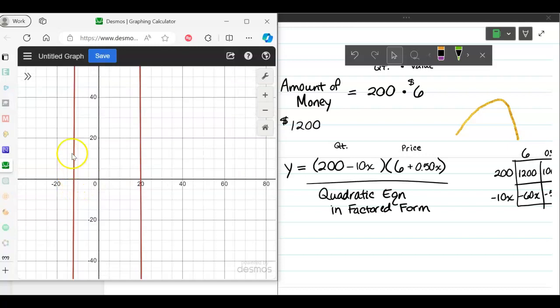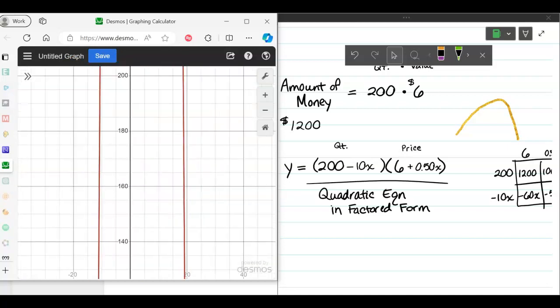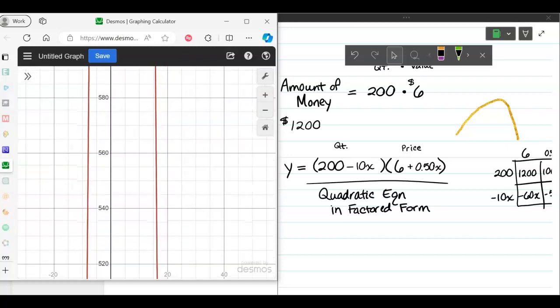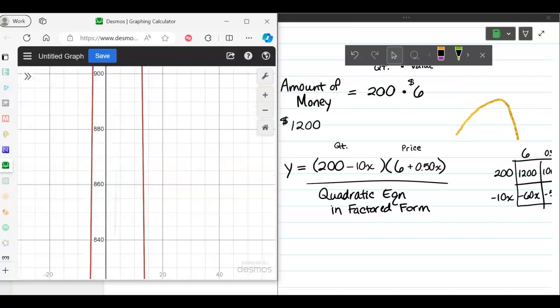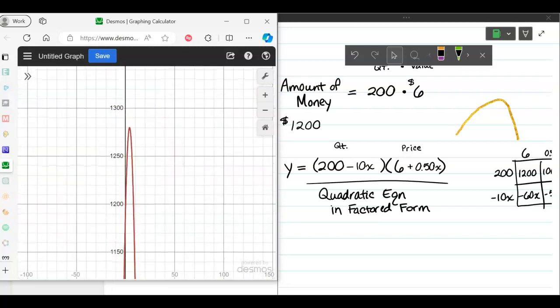I can see my parabola. It doesn't look much like a parabola because it actually is a very, very skinny parabola. But as I scroll up to the very top of the parabola, I can start to see the very top of it. Just takes a while. There it is. And when I hover over that point, I get the point 4, 1280.